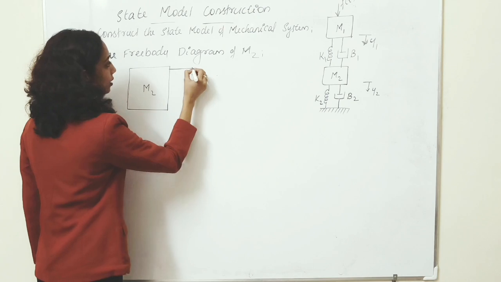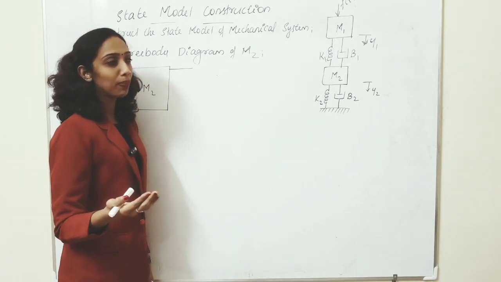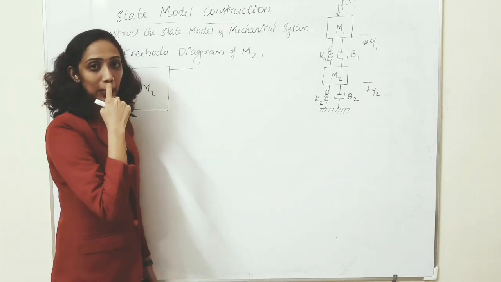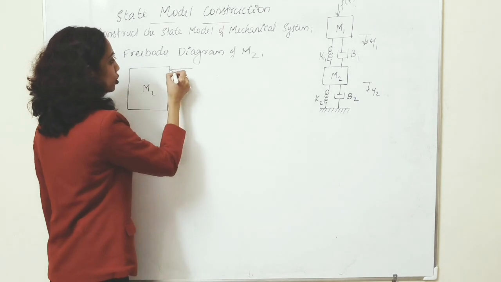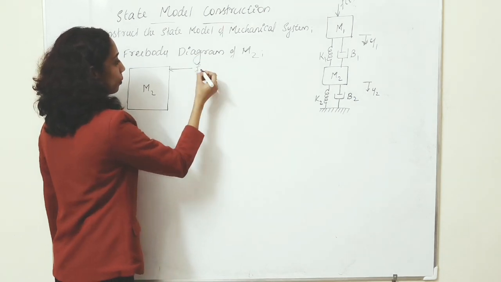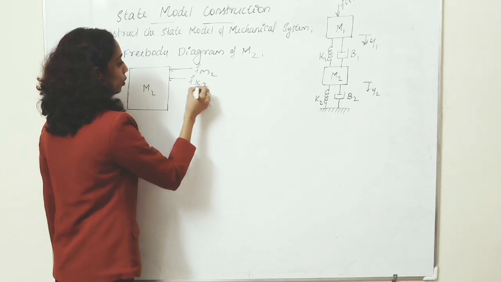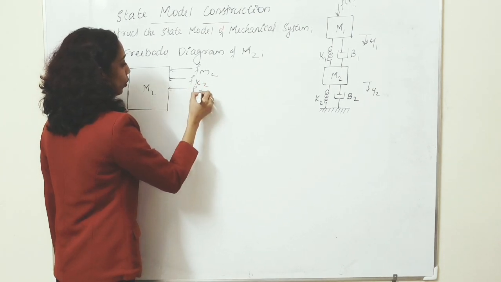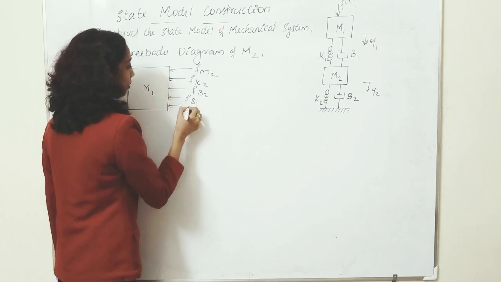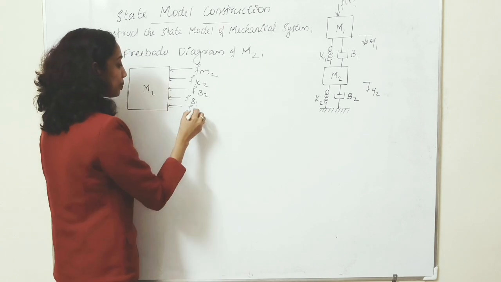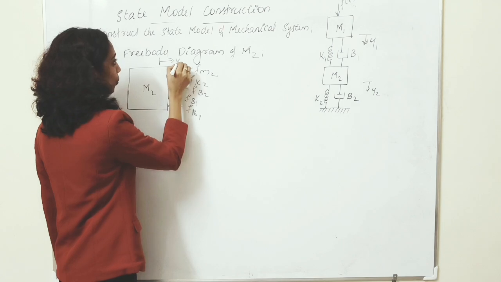In this, no applied force is connected to M2, so we have only the opposing forces: FM2, FK2, FB2, FB1, then FK1. And the displacement of the physical variable connected to the system M2 is Y2.